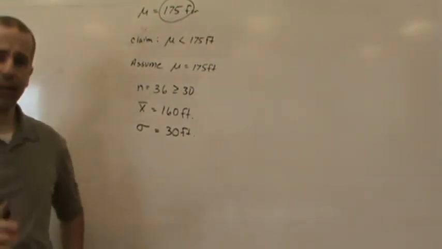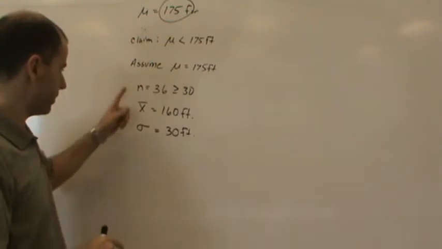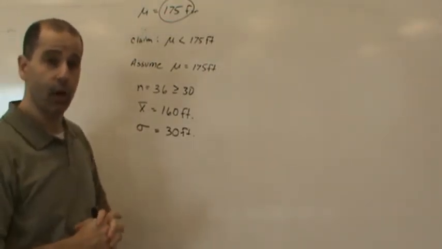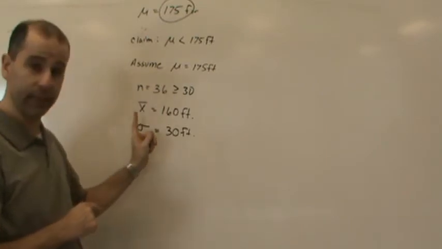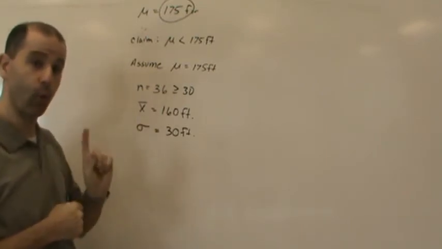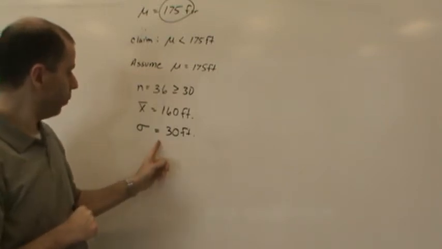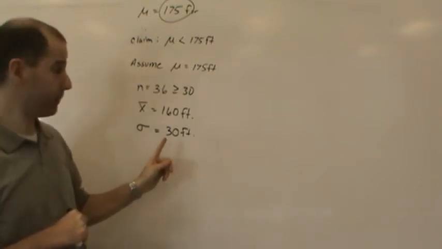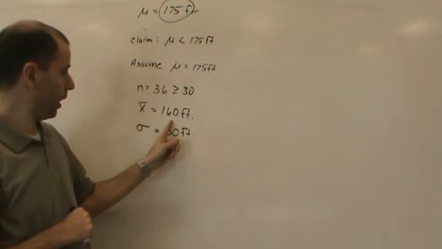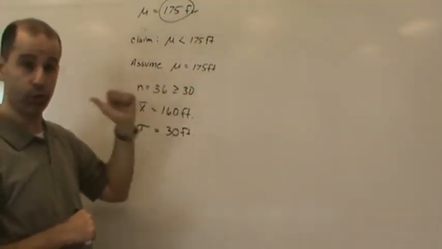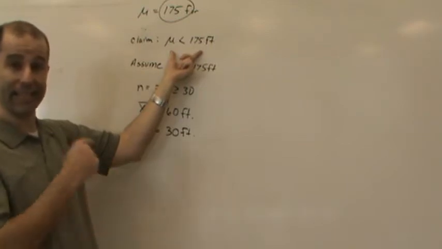So now under that assumption, this is our sample data, right? Under that assumption, we're going to calculate the probability of getting the sample that we got or a more extreme sample. How extreme? Well, what's more extreme than this? Anything that would be less, right? Remember, we're already claiming that it's less.